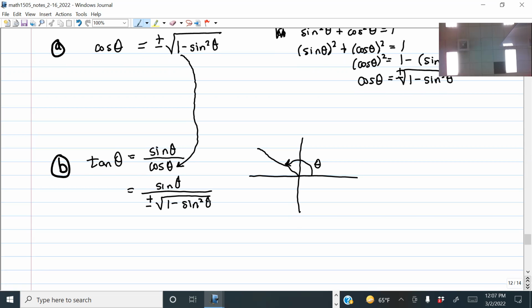But now here's where the information they're giving us about theta is helpful. They told us what? Theta is in quadrant 2, right? So we know what the sign of the tangent is in quadrant 2. Remember, when you compute the tangent, you pick this point off of the terminal side, and then you do what with the y and the x?